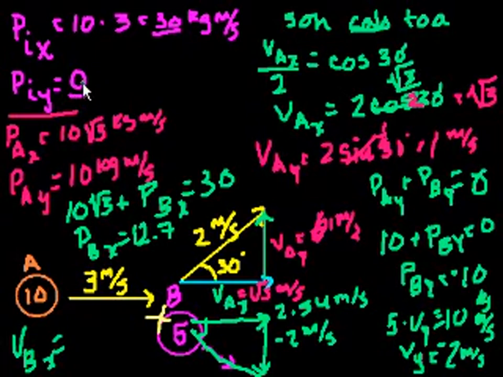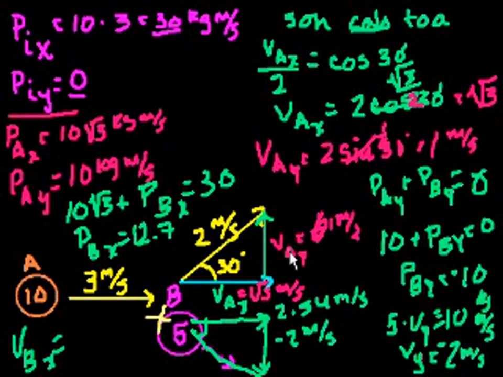And then there was no momentum in the y direction. We knew that after they hit each other, ball A ricochets off at a 30-degree angle at 2 meters per second. We used that information to figure out the x and y components of A's velocity. A's velocity in the y direction was 1 meter per second, and in the x direction was square root of 3.